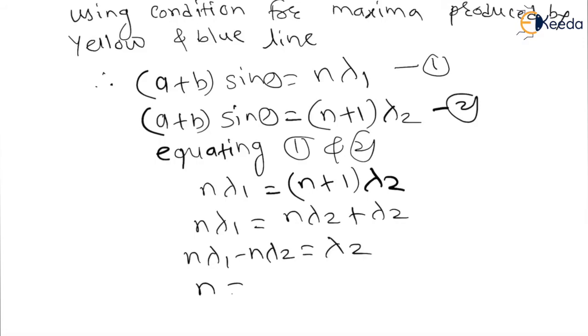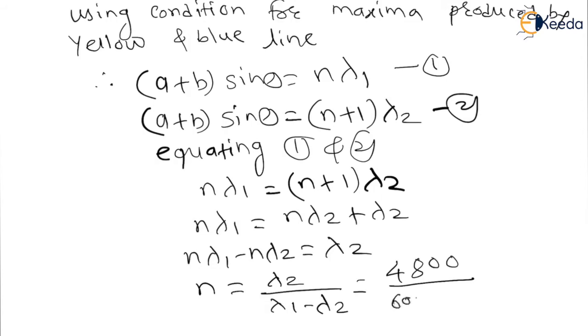Make n common and you have n equals lambda 2 upon (lambda 1 minus lambda 2), which is 4800 angstrom upon (6000 minus 4800), so 4800 divided by 1200. So it will be 4. So the order of the yellow line you found is the 4th order maxima.